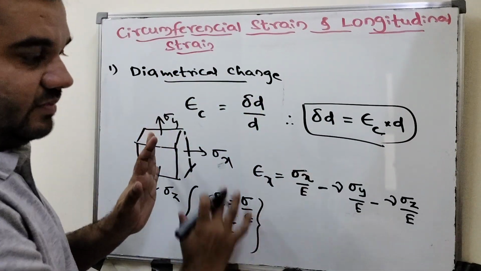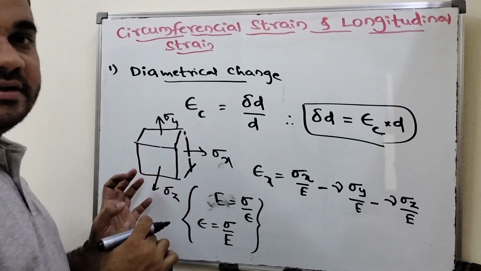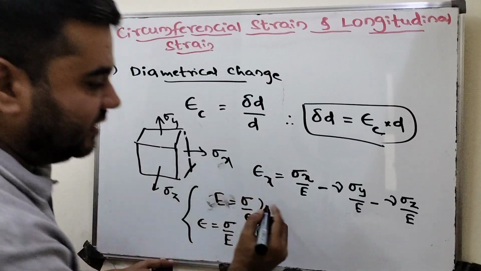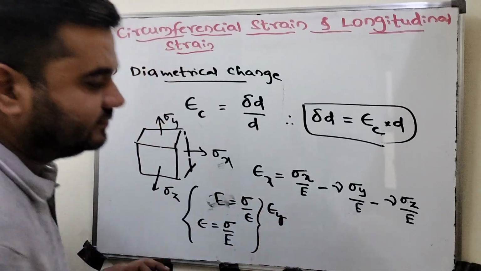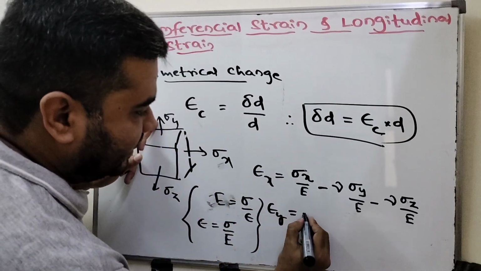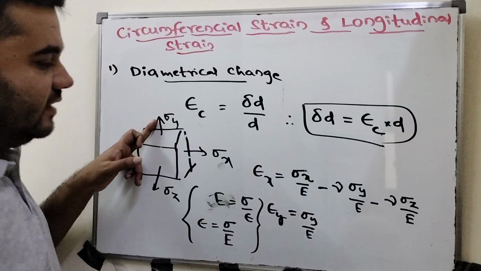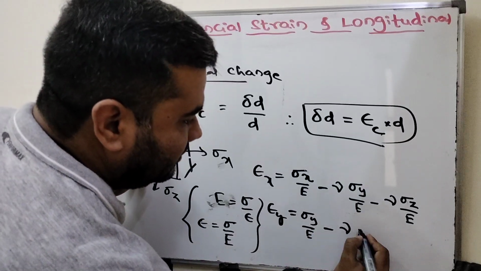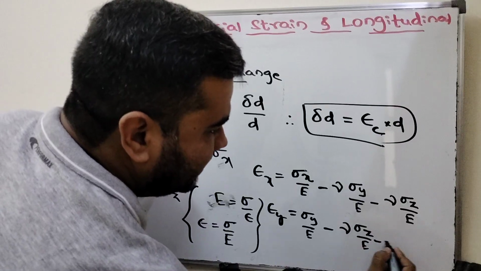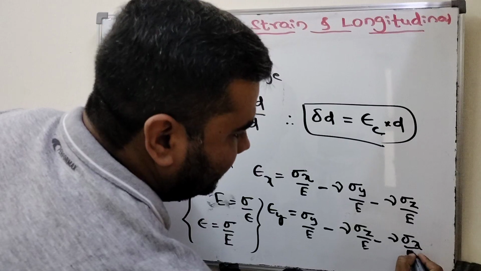Now I'm just explaining about any body subjected to three types of stresses in three directions. Similarly, how will we write the strain in y direction? Strain in y direction is stress in y direction divided by E minus Poisson's ratio into stress in z direction divided by E minus nu into stress in x direction divided by E, right?